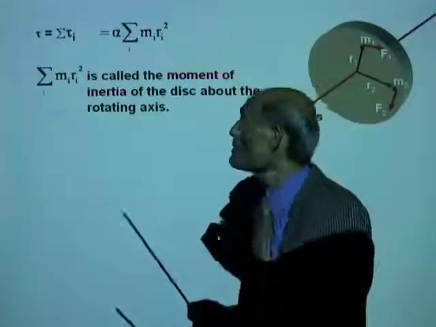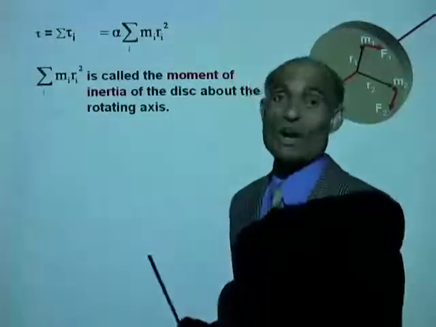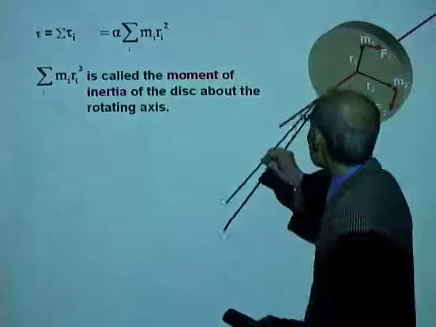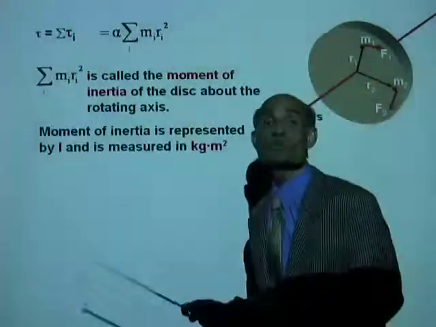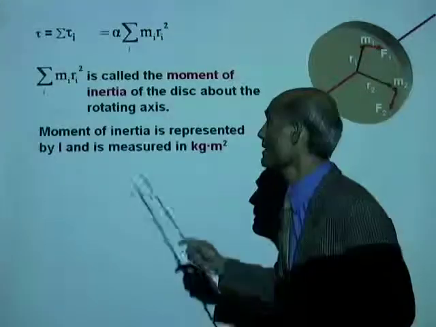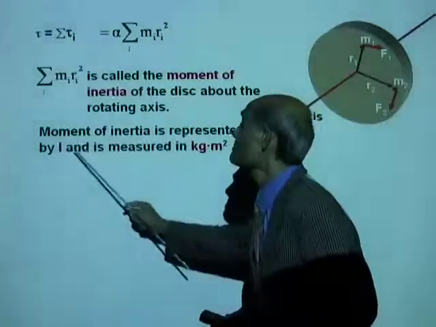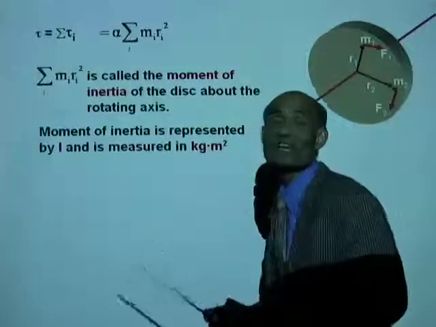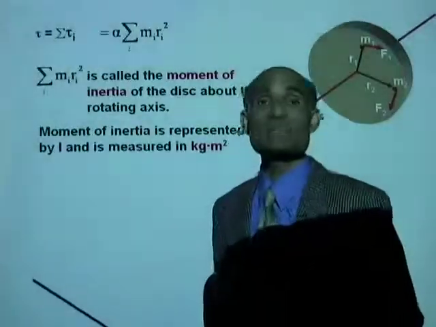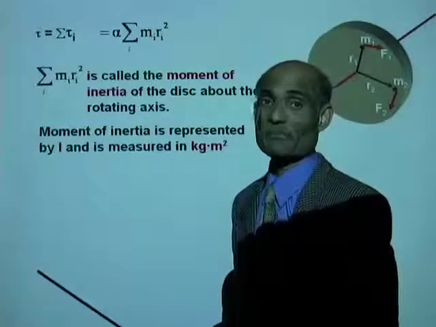It is called the moment of inertia of the disk about the axis of rotation. What is the unit for moment of inertia? Moment of inertia is represented by I and is measured in kilogram meter squared.